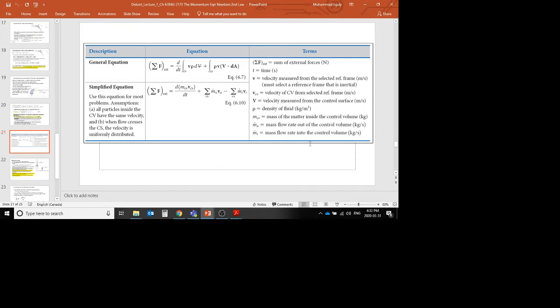So this is the general equation, and this is the simplified version, similar to the continuity equation, where the summation was the output of the mass minus the inlet plus accumulation, equal to the total mass flow rate. Here, the summation of all forces would be the net force working, plus outlet minus inlet.